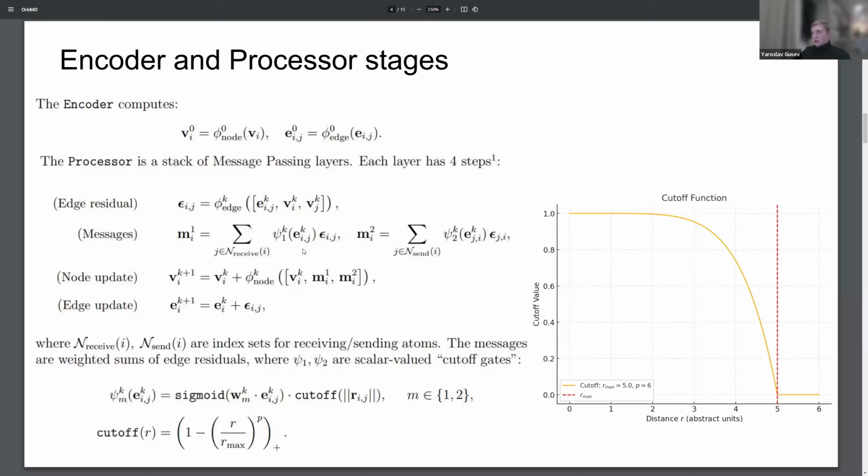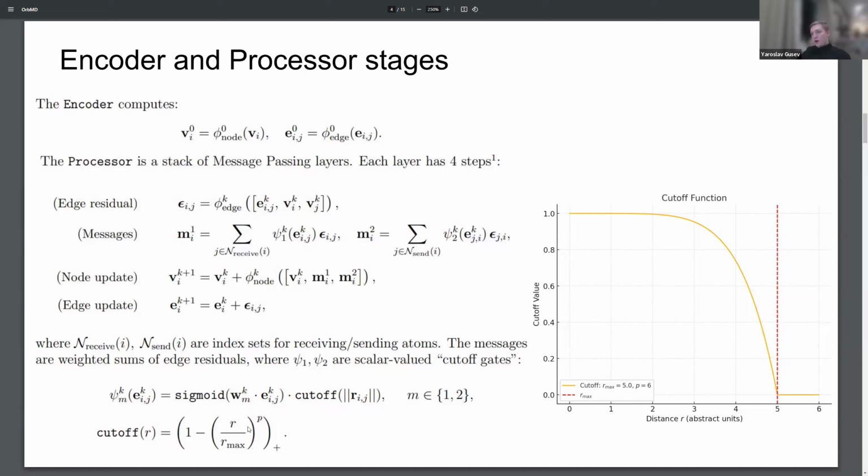But then they perform so-called messages. For each particle you form a weighted average of those edge residuals according to the psi weights that respect some cutoff. They introduce a cutoff so that too far away particles do not interact at all.